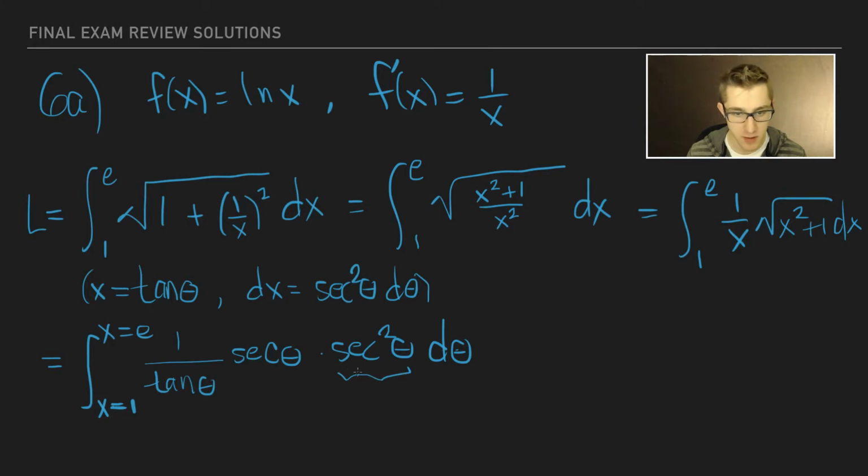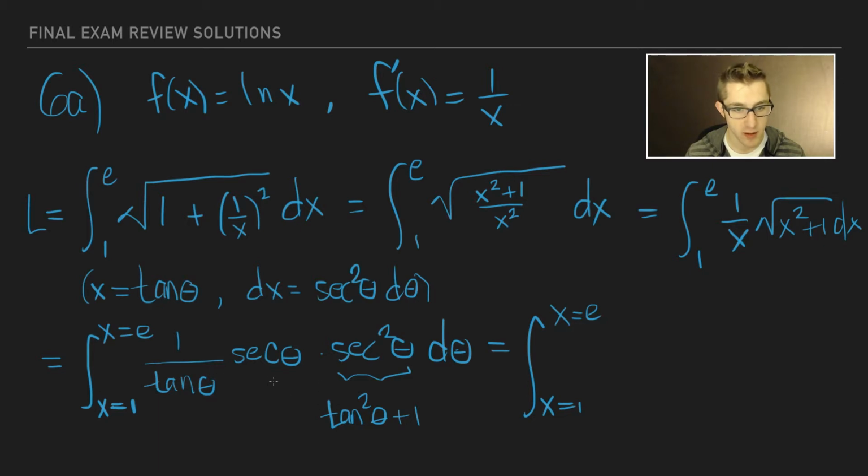What you need to do is take this secant squared theta and write it as tangent squared theta plus 1, and then multiply secant over tangent times tangent squared plus 1. We end up with an integral. The bounds are the same.